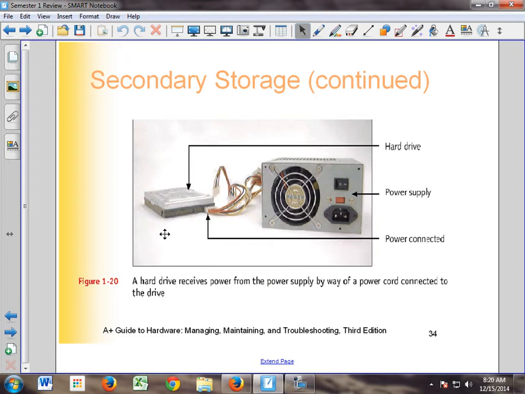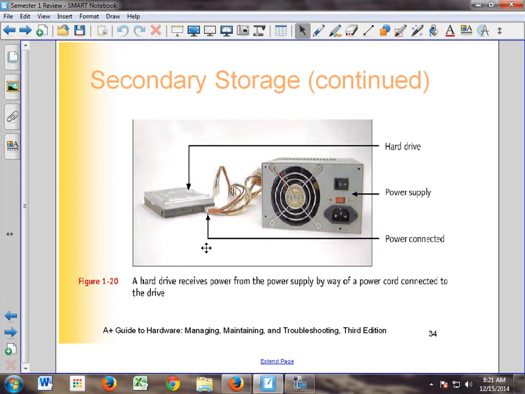All secondary devices require power, and the power usually on any kind of spinning drive has a separate power connection, and those are always what voltage? This power connector right here is what volt? If you don't know, it's 12. If you have to guess, it's 12.